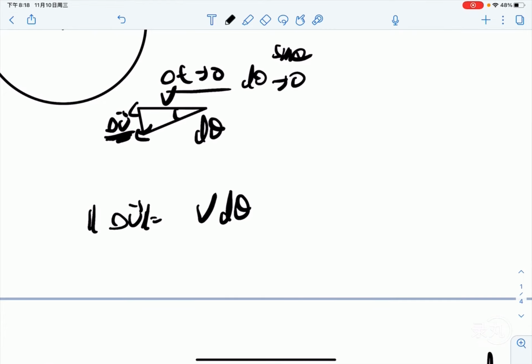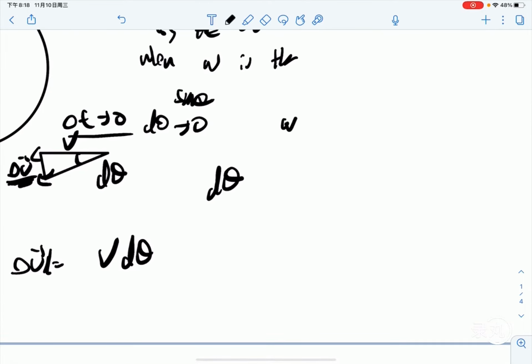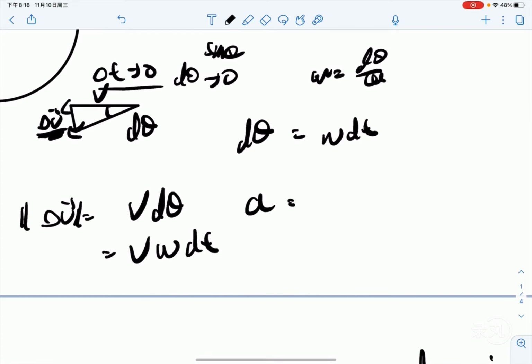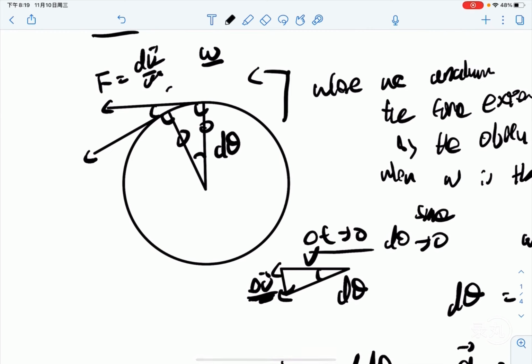And d theta, by definition, W is equal to d theta dt, so d theta is basically W dt. So this is equal to v W dt. So the acceleration vector is basically vW. And the direction, we can see that when d theta is approaching 0, this is basically pointing to the center.